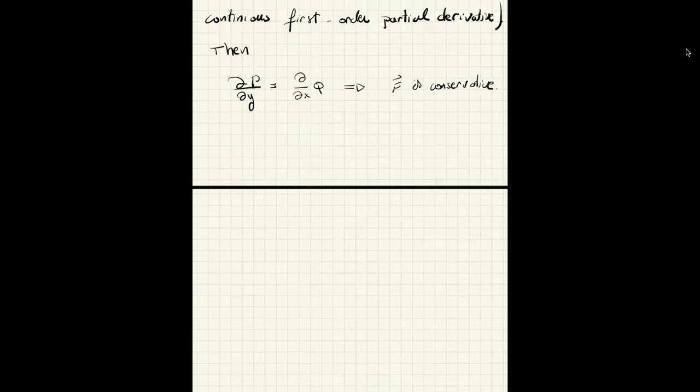So why does it work? You will see that it follows from Green's theorem. We'll see Green's theorem in a moment. But let's just do an example to see how it works.